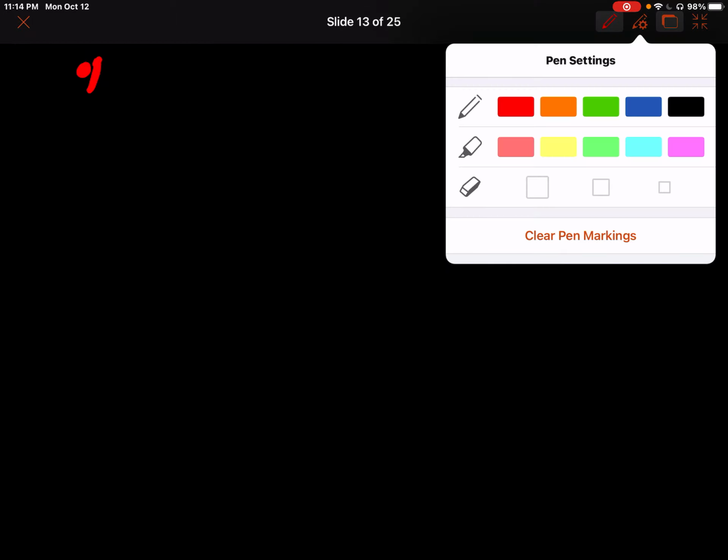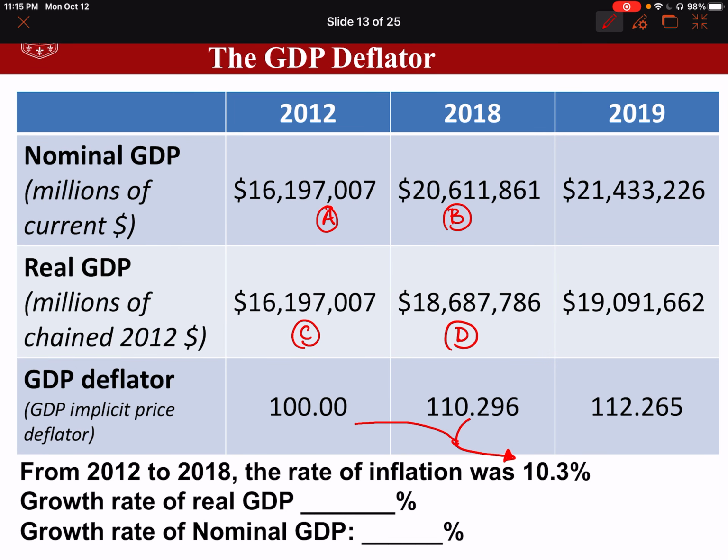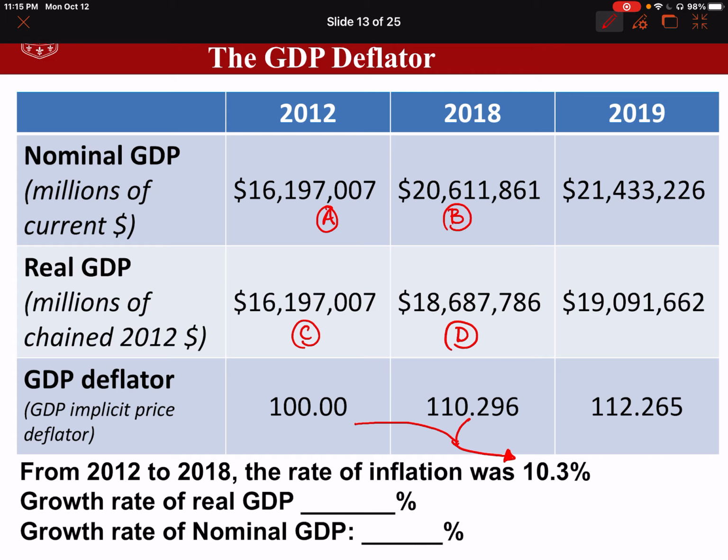The percent change in nominal GDP, again, is going to be B minus A divided by A.